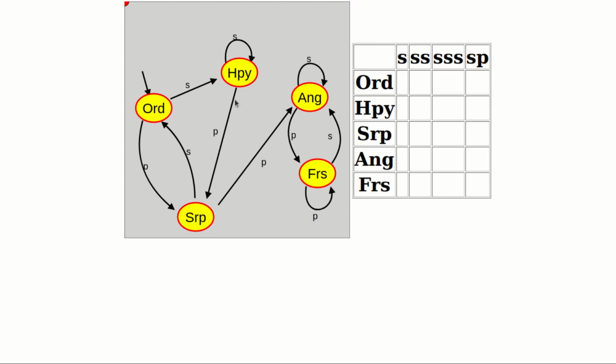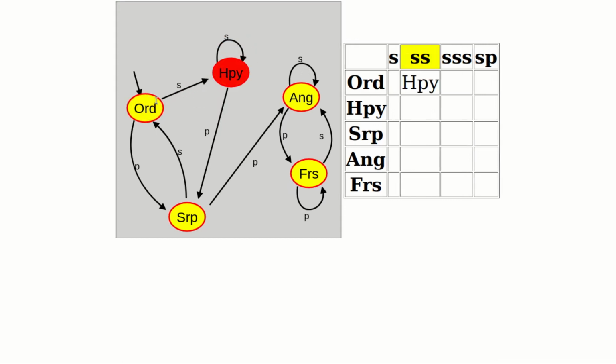Now we are going to do a little experiment. Suppose I consider the input word SS, smiling twice in succession, and I want to know what happens if you smile twice in succession starting from a given state. Suppose I start from the very start state, odd. Let's see what happens. The first smile takes it to happy and the second smile keeps it at happy.